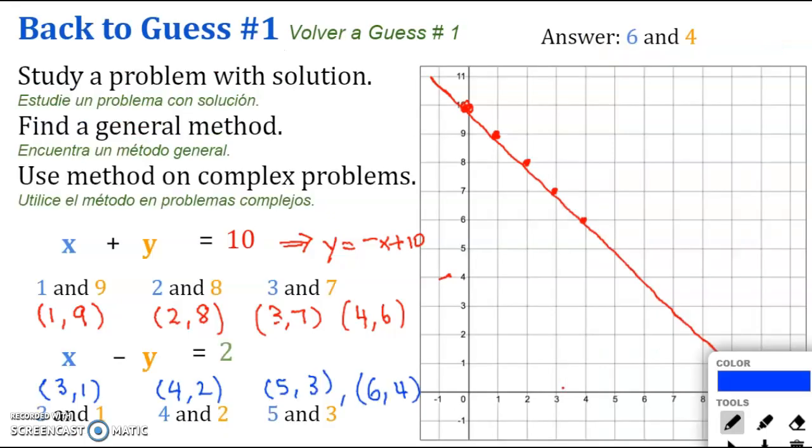Okay, so (3, 1), (4, 2), (5, 3), and (6, 4). Okay, look what happens when I do this. Again, it's going to form a straight line. Let's see if I can draw this straight line.